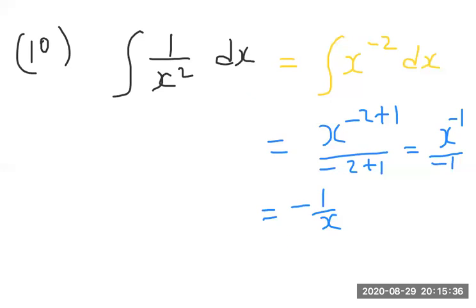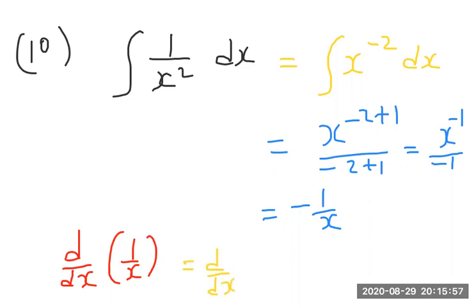Somebody asked me, okay sir, you did like that, what is the differentiation of 1 by x? Differentiation of 1 by x, I can write it as d by dx of, what should I write now here?